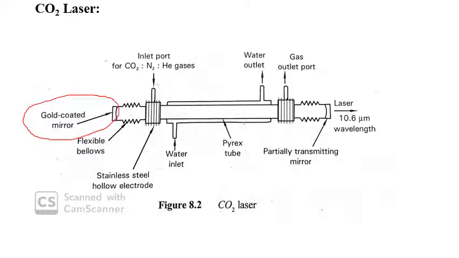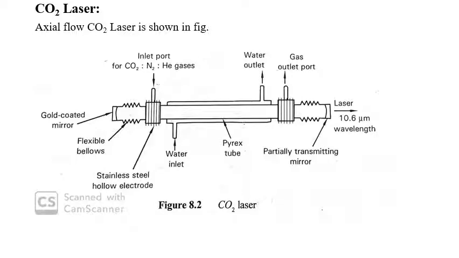It is fully reflective, and there is a partially transmitting mirror, through which the laser emerges or moves out. And inside there is a tube, that tube is called Pyrex tube. This is the diagram of CO2 laser.